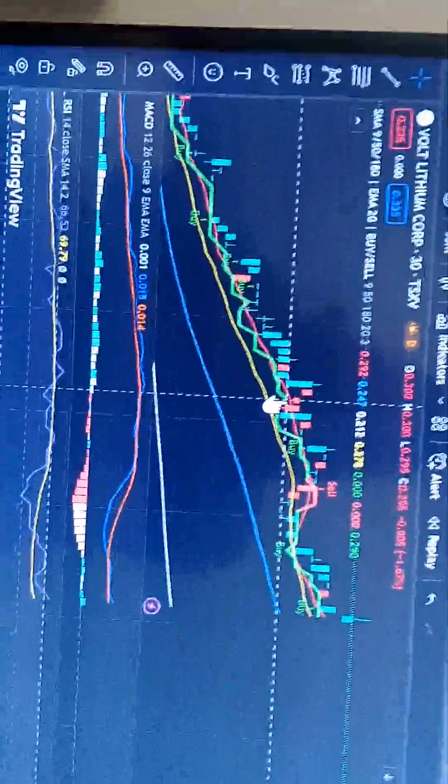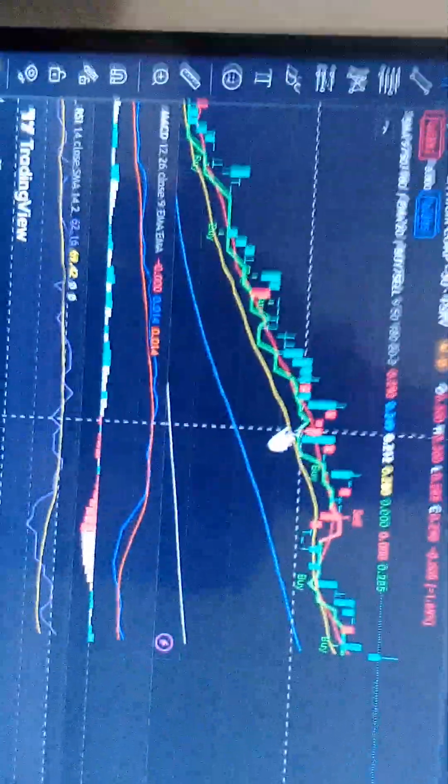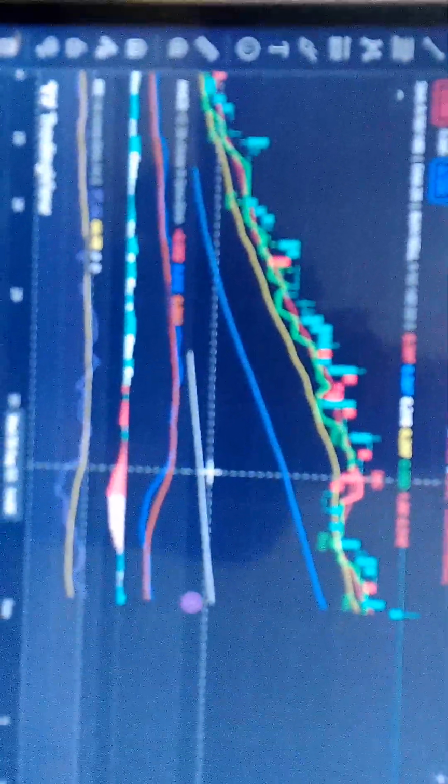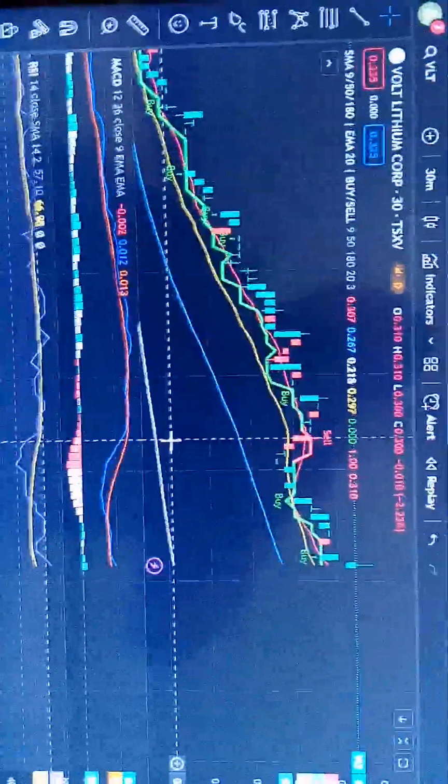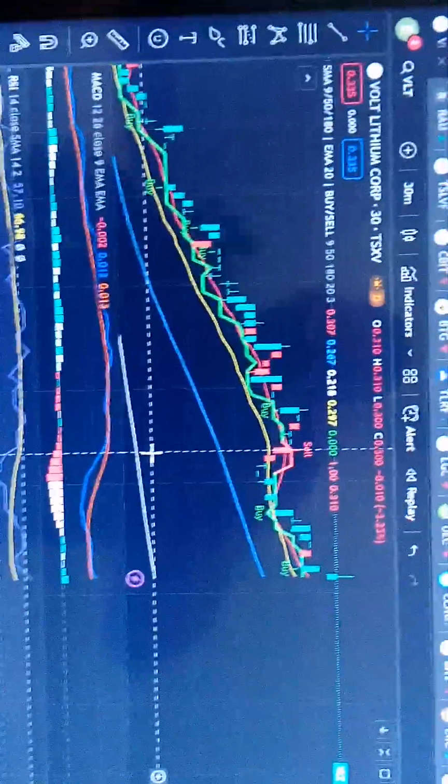And then same for 50 and then 180. So the 180 is the white line, or sometimes it's called the 200. Like if you watch Bravo's videos, he'll call it the 200, and it just means the 200-day trading average. So the trend line for the 200-day. That to me is the most important line, the white line.